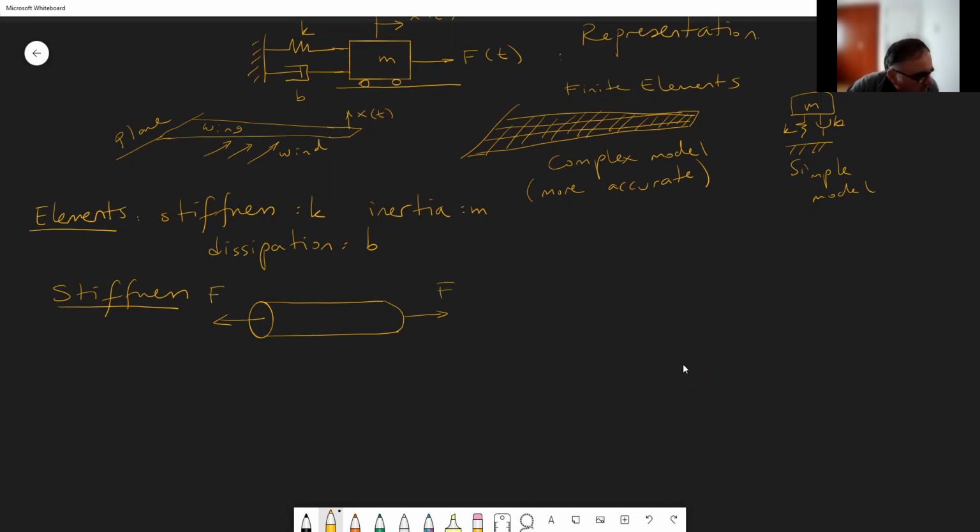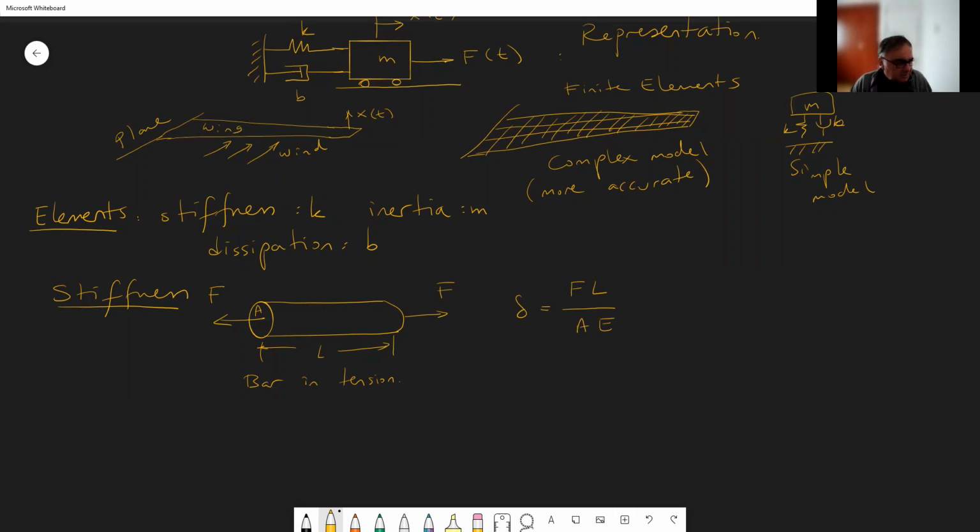The bar has an area of A, has a length of L, etc. If you pull the bar in tension, the displacement delta is given by FL over A times E, where E is the modulus of elasticity, as you know.